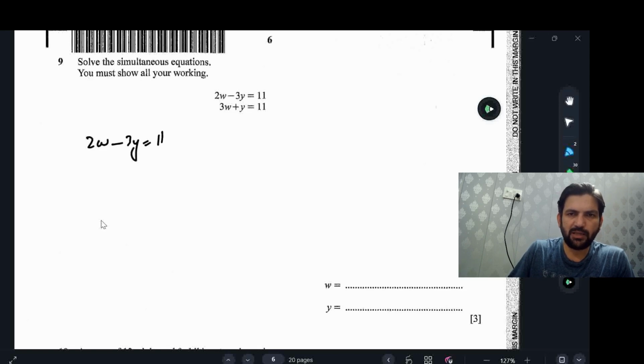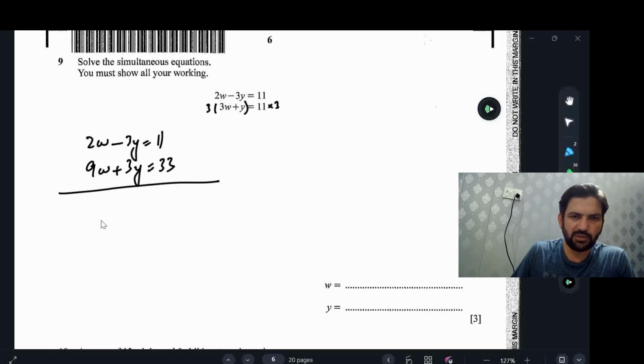Multiply by 3 on both sides in the second equation, so this will be 9w plus 3y is equal to 33. If we add these two, we can cancel out the y terms. So this will be 11w is equal to 44, so w will be equal to 44 divided by 11, which means w is equal to 4.